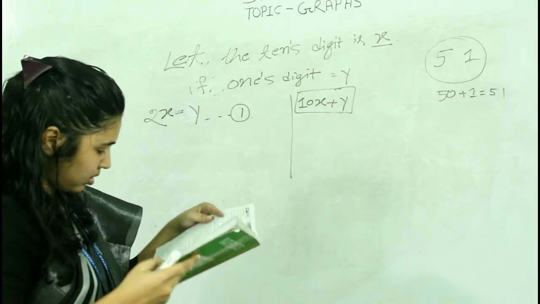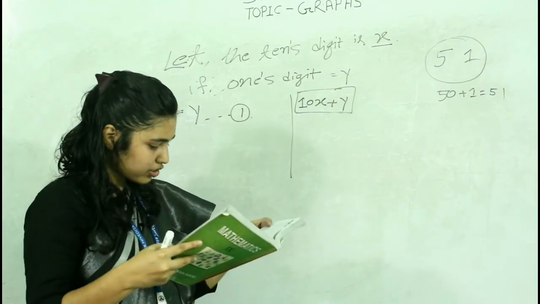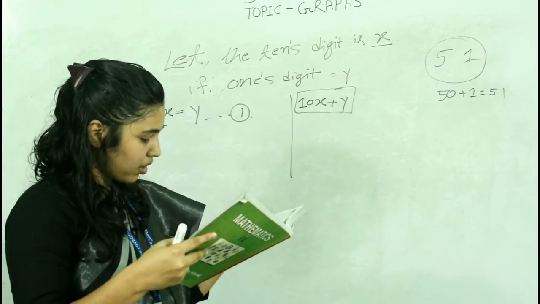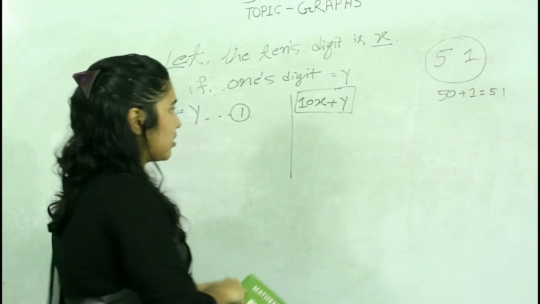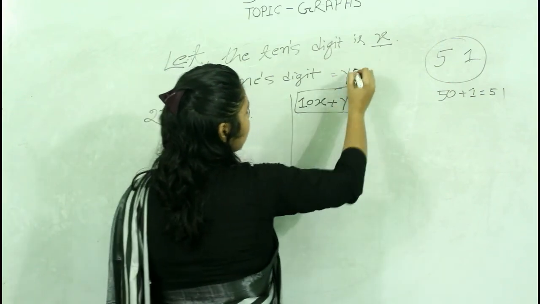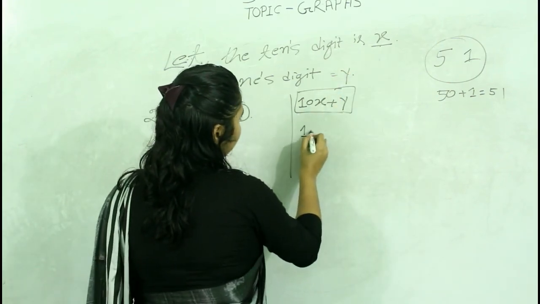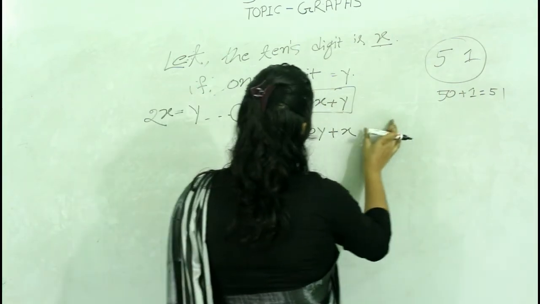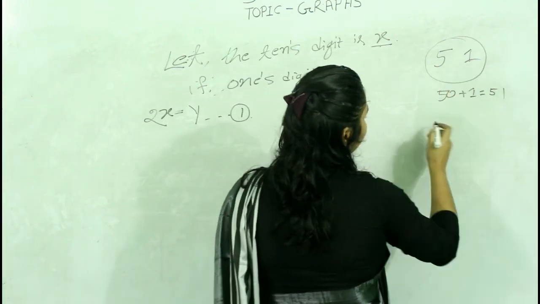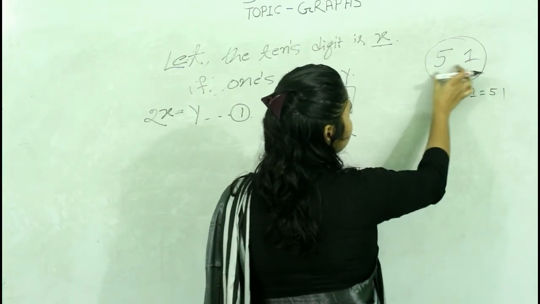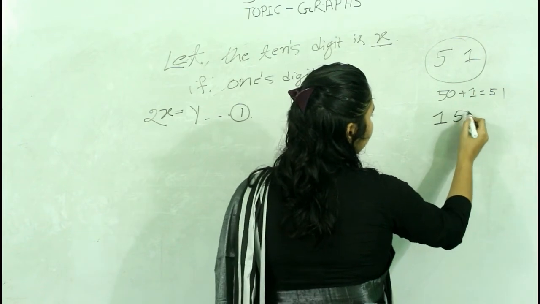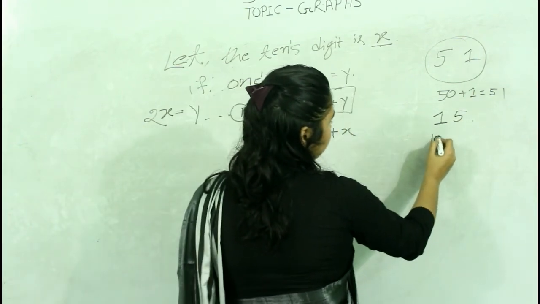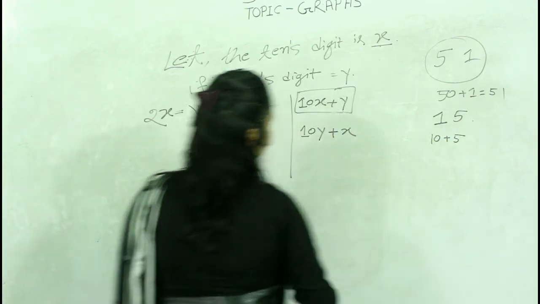Now, according to our question, the number obtained by reversing the digits. So, by reversing the digits, we will get the number 10y plus x. Suppose 5 and 1, if we reverse these two digits, we will get the number 15. That means 10 plus 5.